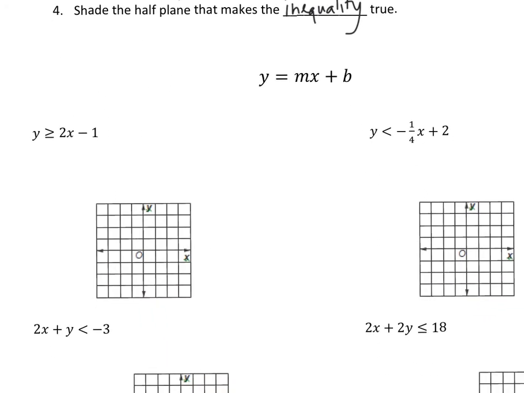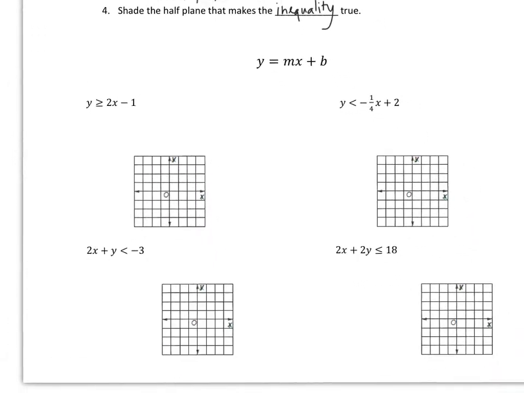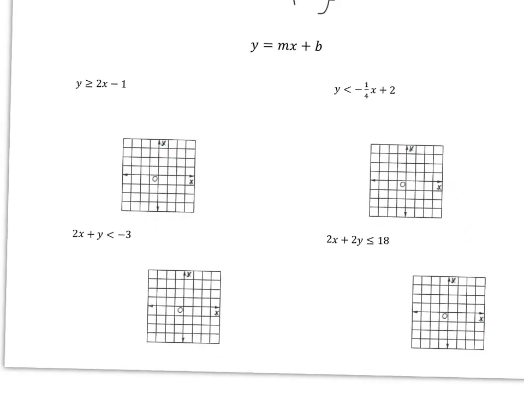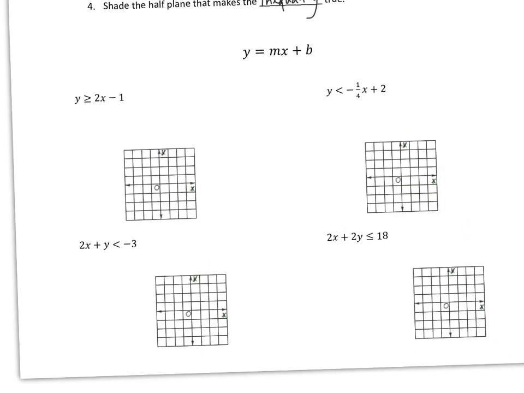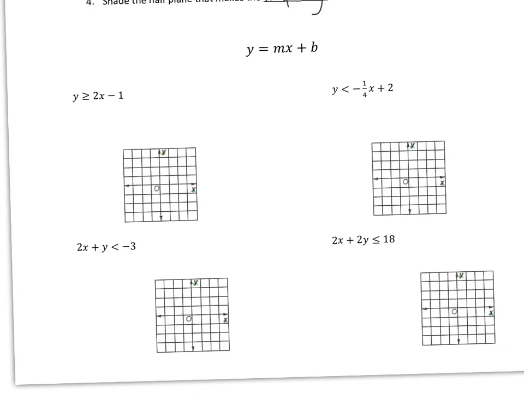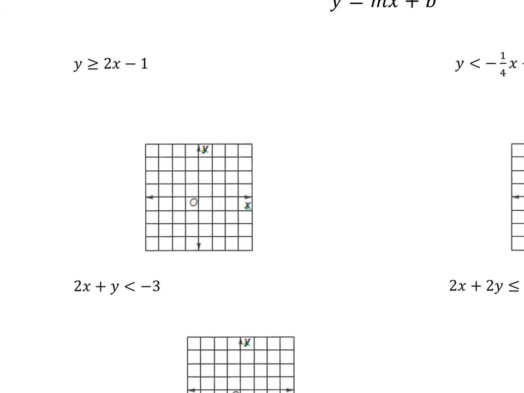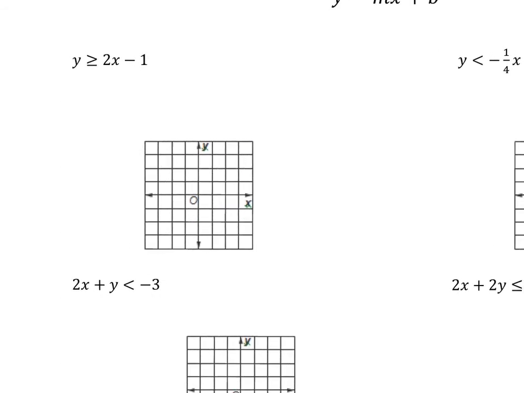If we take a look at a few examples here, again, we want to get these into y equals mx plus b if they're not already in that form. I'll go ahead and graph y equals 2x minus 1, and I'll zoom in on one example first. I'll plot my y-intercept, go down 1, and then move according to my slope, so up 2 units, over 1, or down 2 units to the left 1.